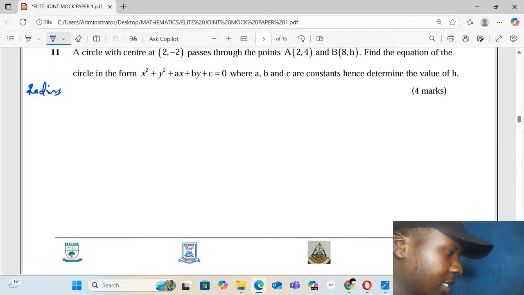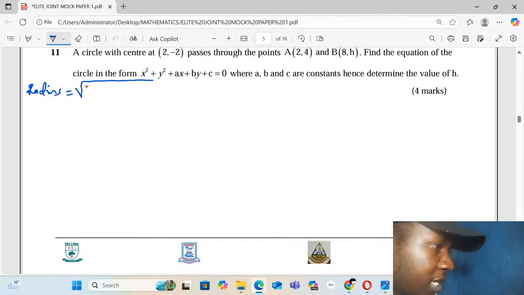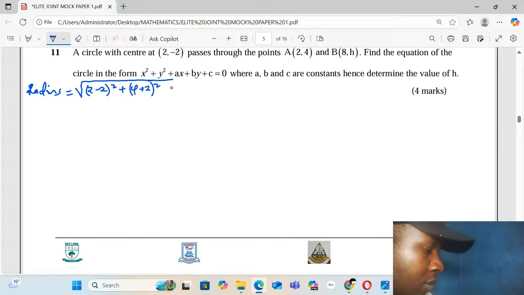We know that the radius is given by the square root of, now we shall take 2 minus 2 squared, plus 4 plus 2 squared, so that when you work that one out, it gives us 6, which is 6 units.